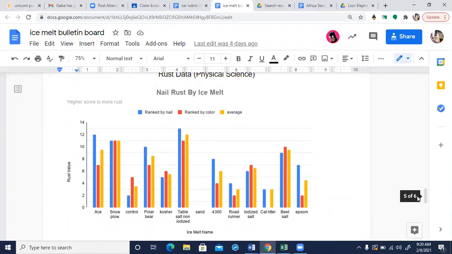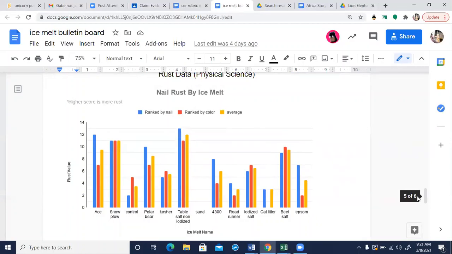Let me scroll down to it. Okay, top 3 least rusty is Roadrunner, Control, and Epsom, and Sand, but I don't think Sand really counts. Okay, so we are not going to use the control because that would mean we wouldn't put any ice melt down, and that would do us no good.